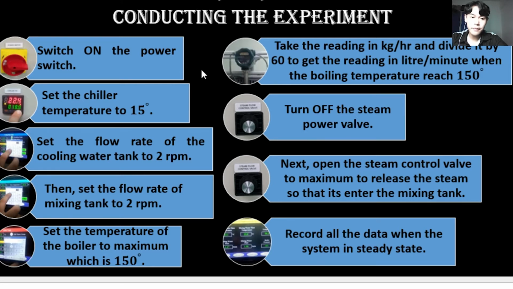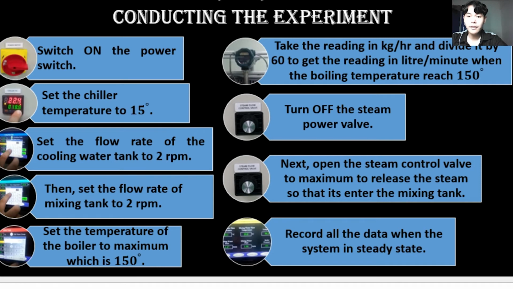So the first step, before conducting the experiment, we must switch on the power switch. Next, set the chiller temperature to 15 degrees. Next, we set the flow rate of the cooling water tank to 2 rpm. Then set the flow rate of the mixing tank to 2 rpm also. After that, we set the temperature of the boiler to maximum, which is 150 degrees.